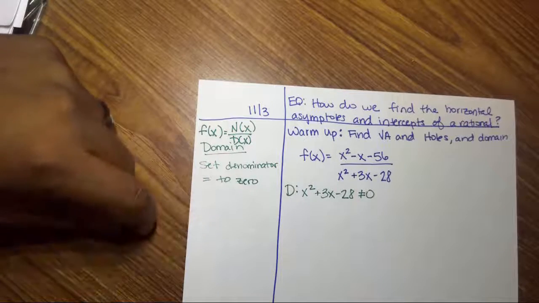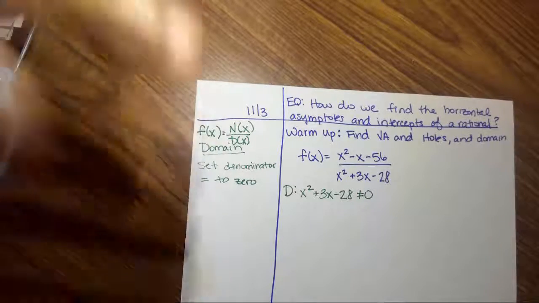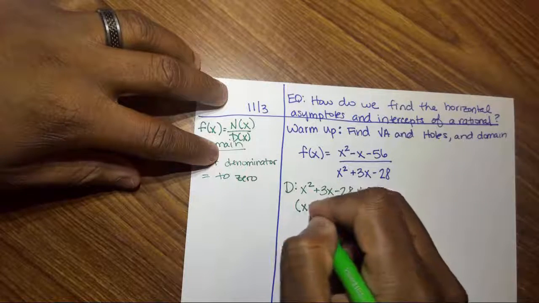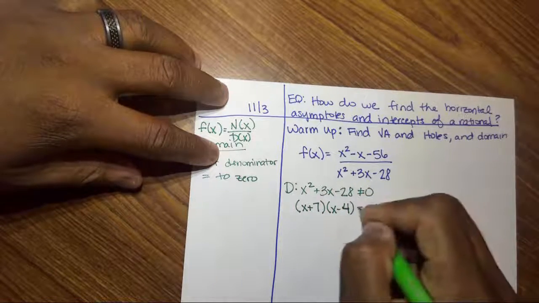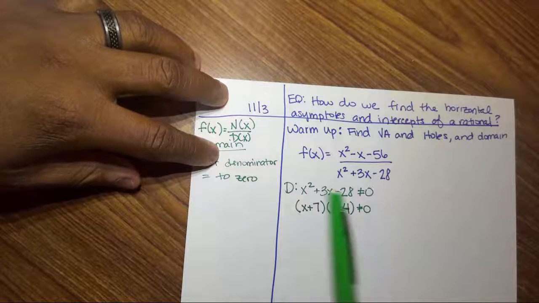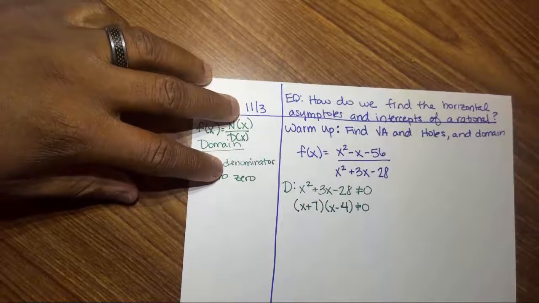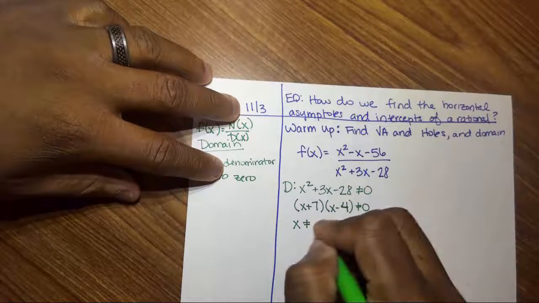How do I factor this? Good. x plus 7 and x minus 4 does not equal 0. Factors of 28 that add to 3 are 7 and negative 4. So that means x is not equal to what two values? 4 and negative 7.